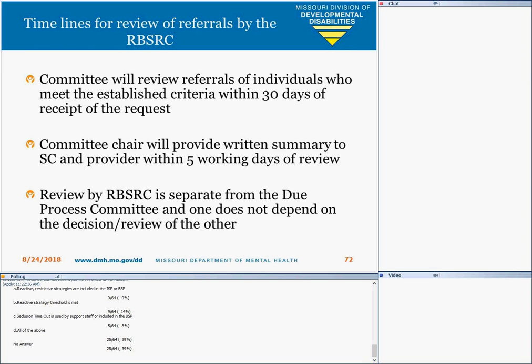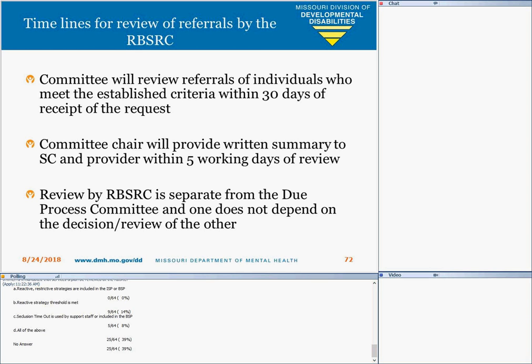So let's see, times for review. As we were developing this directive and draft rule, there was a request that we put in timelines to make sure that the responsibilities of the committee and the area behavior analysts are clearly specified. And so there are some timelines in the directive and the draft rule for the committee.